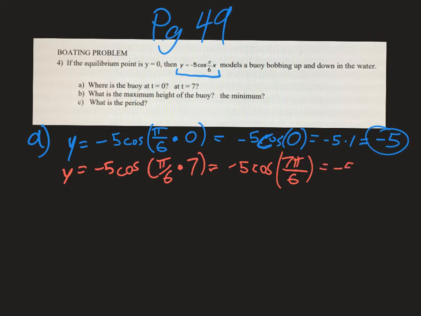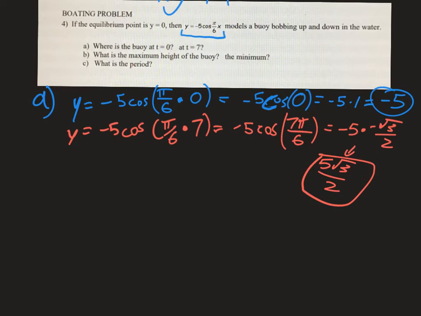So now I've got -5 times -√3 over 2. Simplify that down, and you've got your final answer, 5√3 over 2. That's it for part A. We plugged the numbers into the equation, and these were friendly numbers, so we were able to work out the answer using just the unit circle.